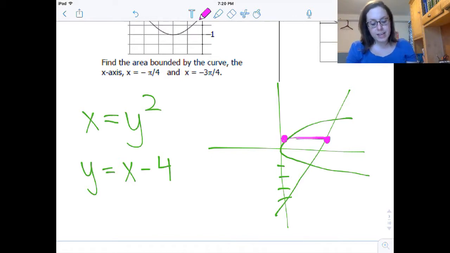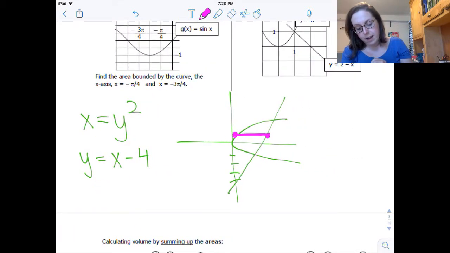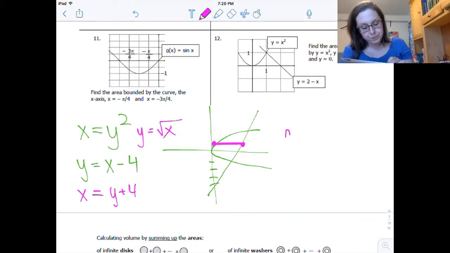Notice that now I'm subtracting the x values. These should be in terms of y. So this would be x equals y plus 4, and this would be y equals square root x. And so what I'm doing is finding my integral from the line to that.